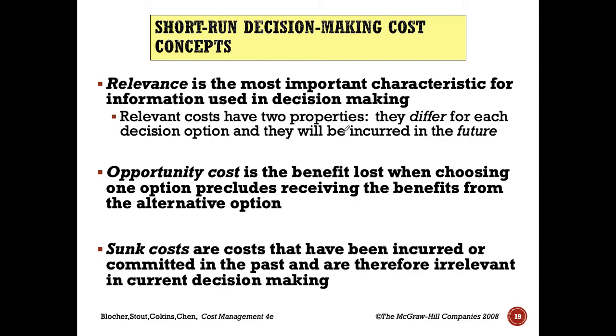Okay, we move to short-run decision-making cost concepts. Relevance is the most important characteristic for information used in decision-making. Relevant costs have two properties. They differ for each decision option and they will be incurred in the future. And an opportunity cost is the benefit lost when choosing one option precludes receiving the benefit from the alternative option.